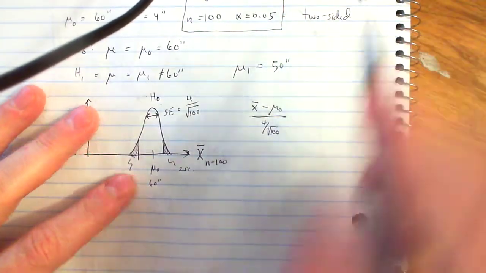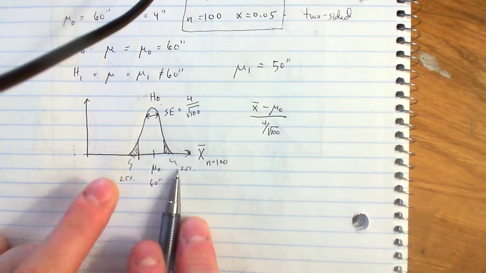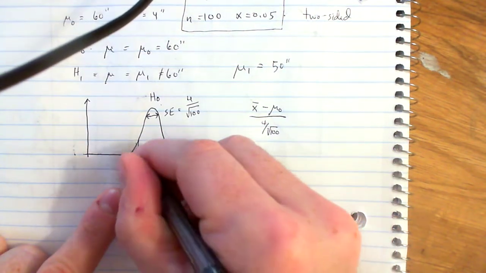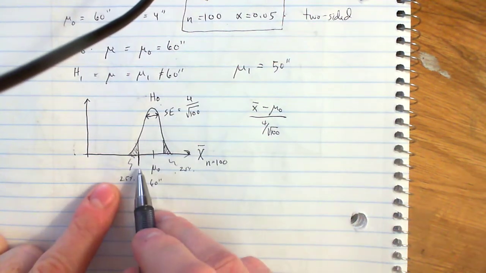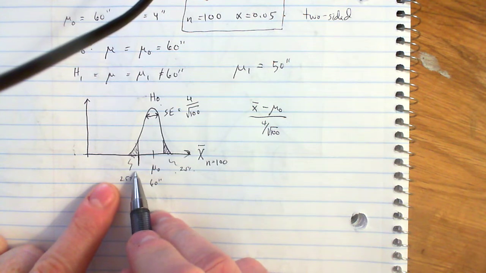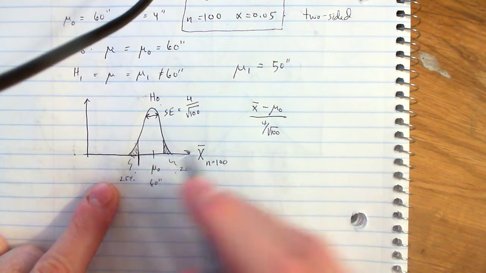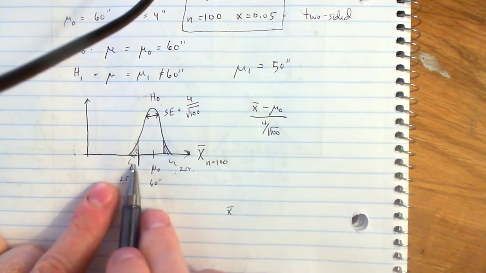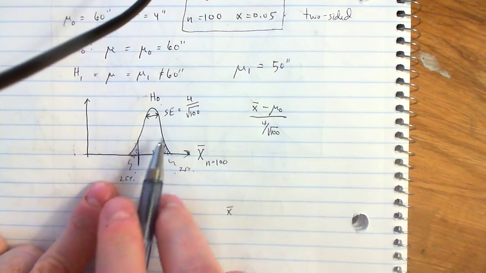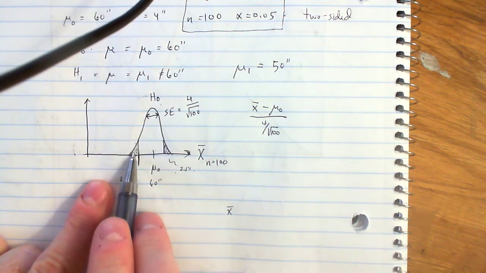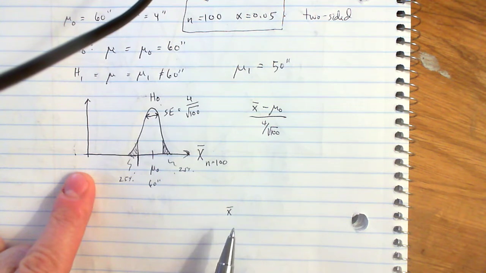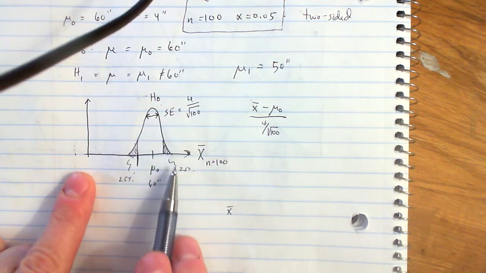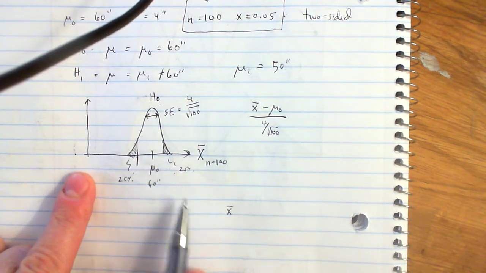And we say, what are these two rejection regions? What height is low enough? What's the x bar at which you reject H0 because it's too low? What's the x bar at which you reject H0 because it's too high?